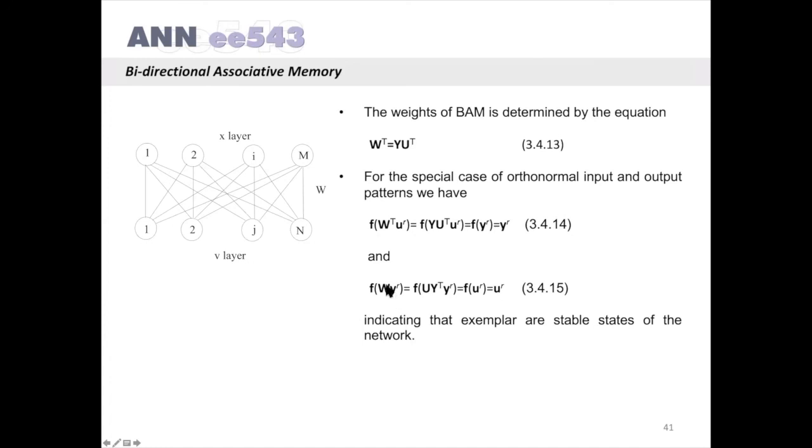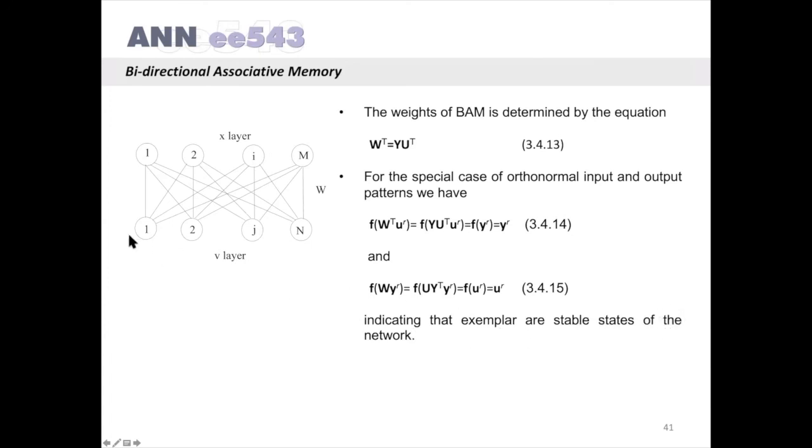And similarly, if we are applying UR at the V layer, at one step at the X layer we are obtaining YR, which is resulting back in UR in this layer. So this is a stable state of the network, indicating that exemplars are stable states of the network.